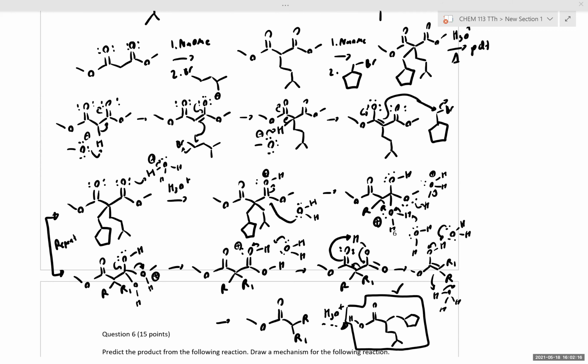Yep. In this case, you kick out an equivalent of methanol. Any other questions on this example?